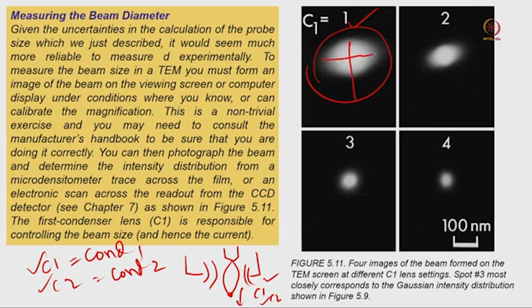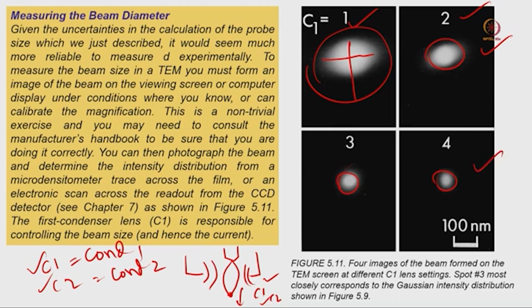But if we are using a slowly stronger magnetic field, the beam diameter will be shorter and shorter. So now the rest of the lenses are coming into the picture, which is helping us to increase the intensity as well as reduce the beam diameter and so on.